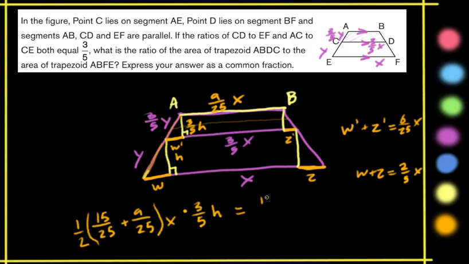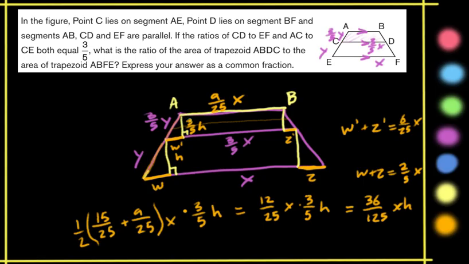So I have 12/25 of x times 3/5 of h. That's the area of my little trapezoid, okay? So maybe I'll just write that as 36 over 125 xh.